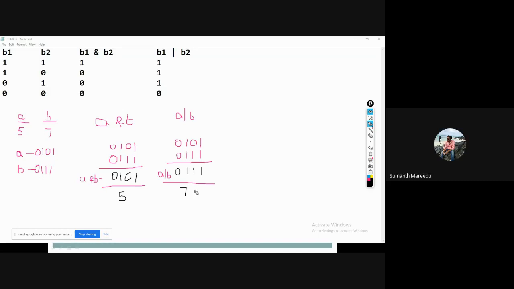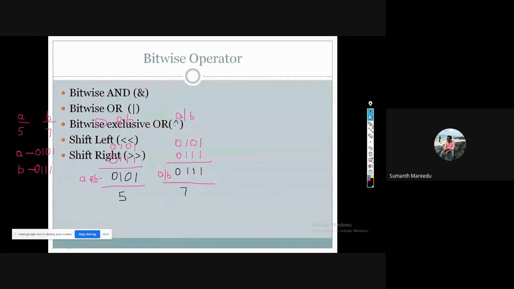So we have one more bitwise operator, that is bitwise exclusive OR. This is OR and that is bitwise exclusive OR. It is represented with this cap symbol. You can see that cap symbol on your keyboard on the number 6.